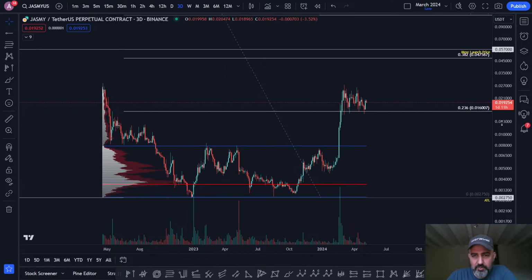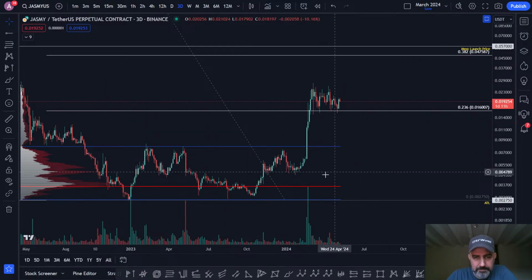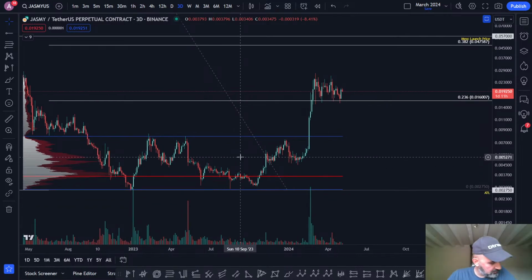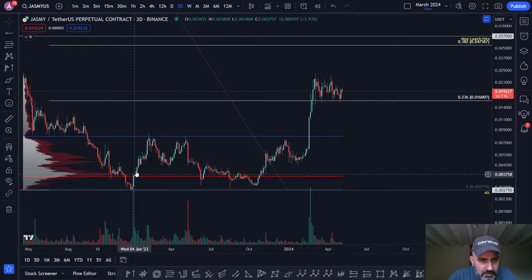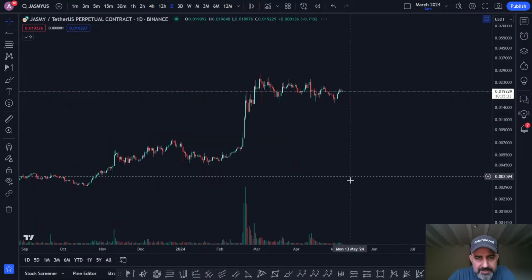If we're doing Elliott waves, let me see if I can find something here for you.